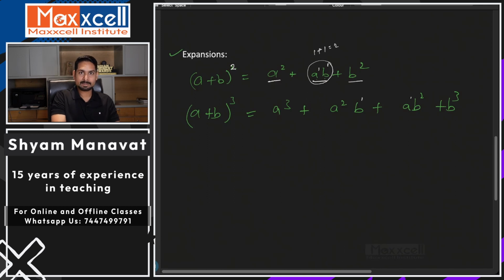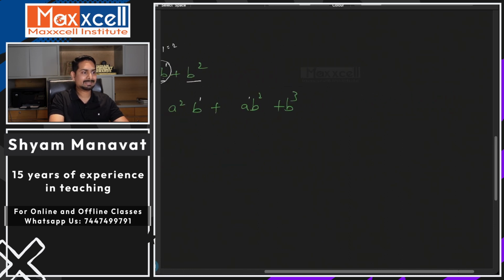So let me write a plus b whole cube. Pay attention here, don't skip. This is a cube, plus, let me write it as a cube b to the power 0. Any term to the power 0 is 1.